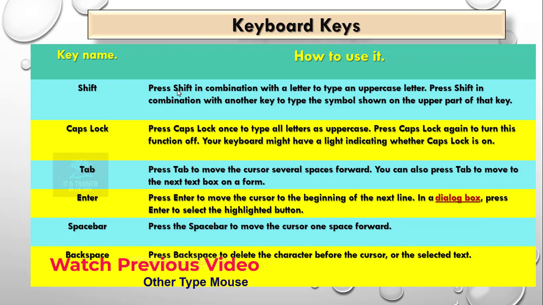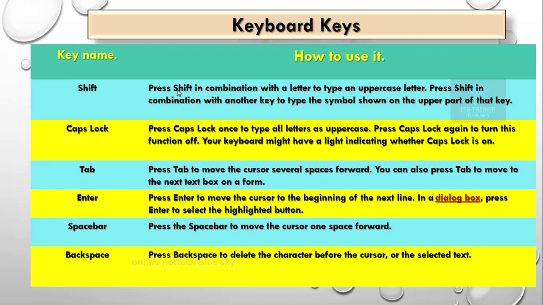And second is the symbols. You can see the functions on the upper side: hashtag, percentage, up arrow, star, open bracket, close bracket, plus, minus signs, comma, double quote, single quote. These are typed by using the shift button.